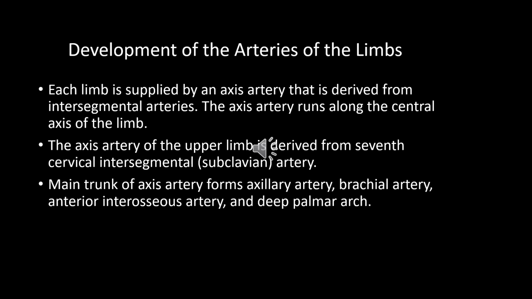So the brachial artery, then one of the branches, the ulnar, gives off the anterior interosseous artery. And if we continue this into the palm, a part of the deep palmar arch is described as the remnant of the axis artery of the upper limb.